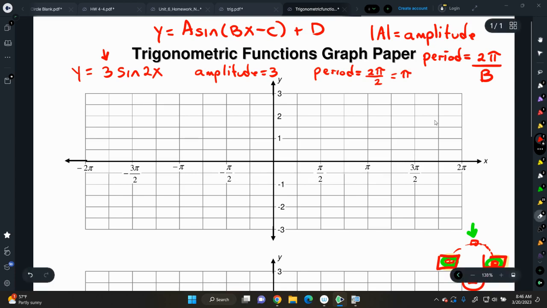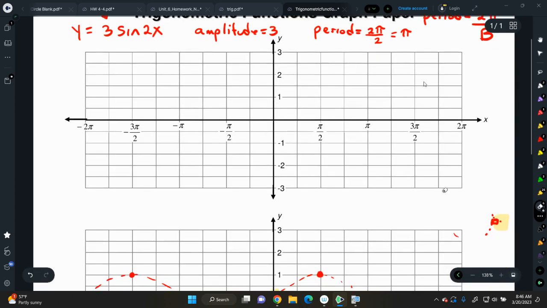So what does that mean? It's going to complete one full cycle. And how long will it take to complete one full cycle? Pi units. So I'm going to start at 0, and where am I going to end my cycle? At pi. Halfway in between, right here at pi over 2, I hit the 0 again.